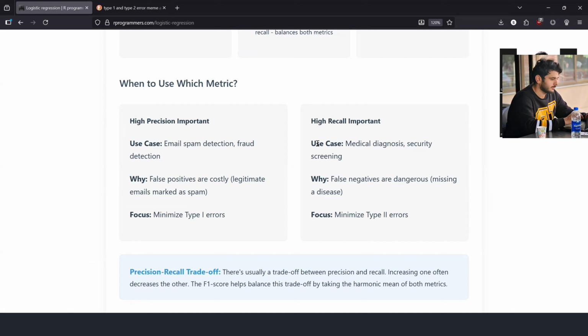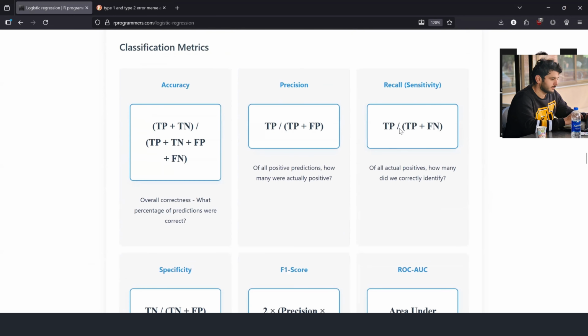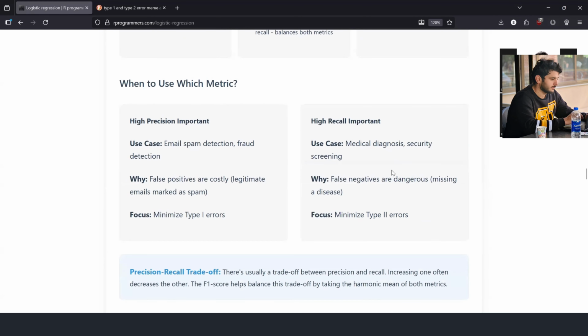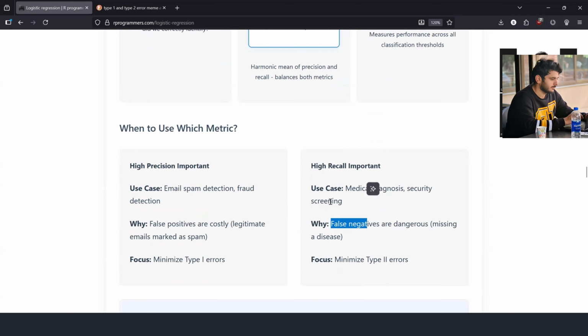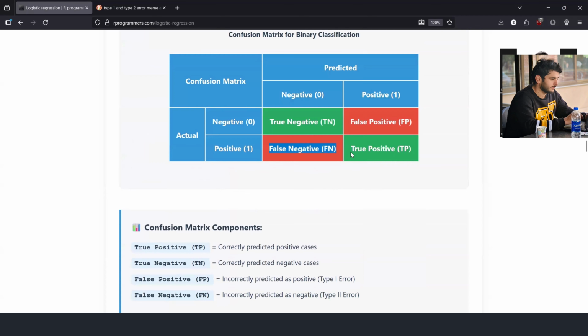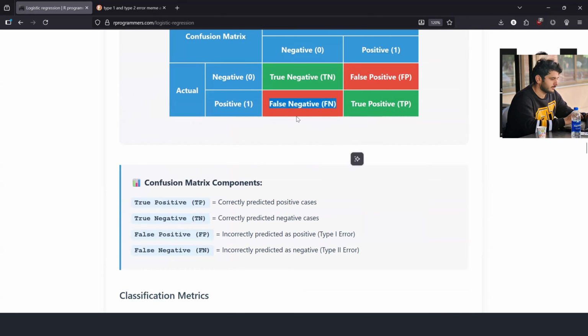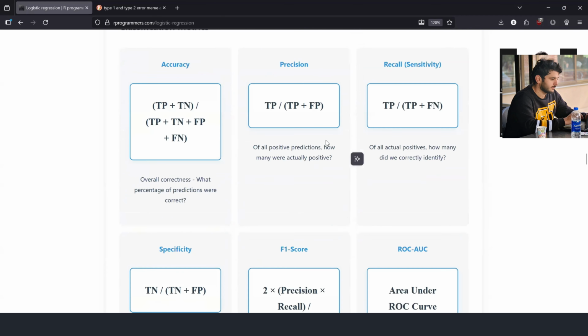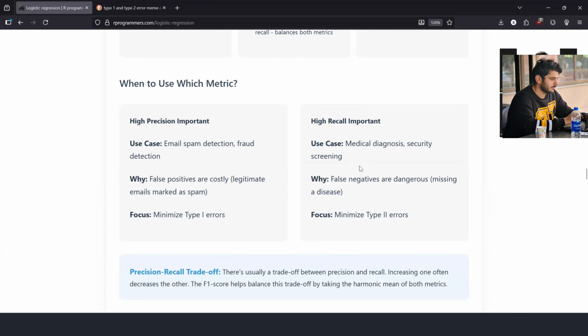And if we are talking about recall, in recall, we don't want negatives to be incorrect. Like if we are representing false negatives, let's go back to here, this one. Basically we're sensitive about these and we don't want to wrongly classify something as negative. That's why it's called type 2 error.